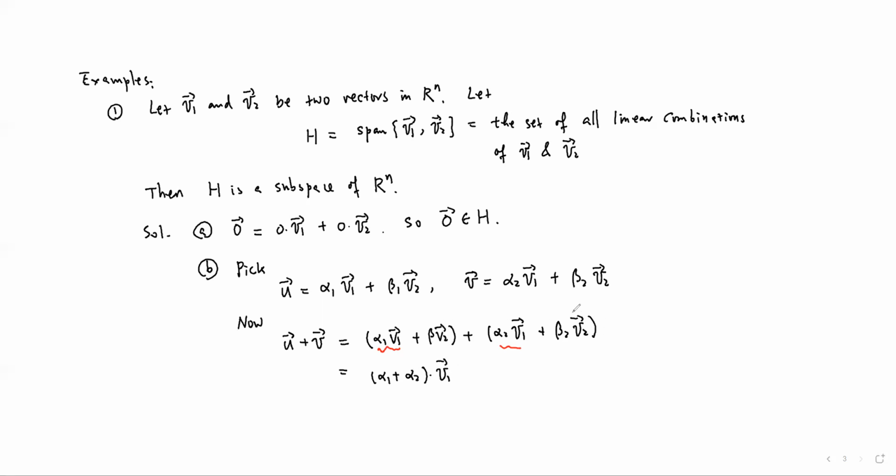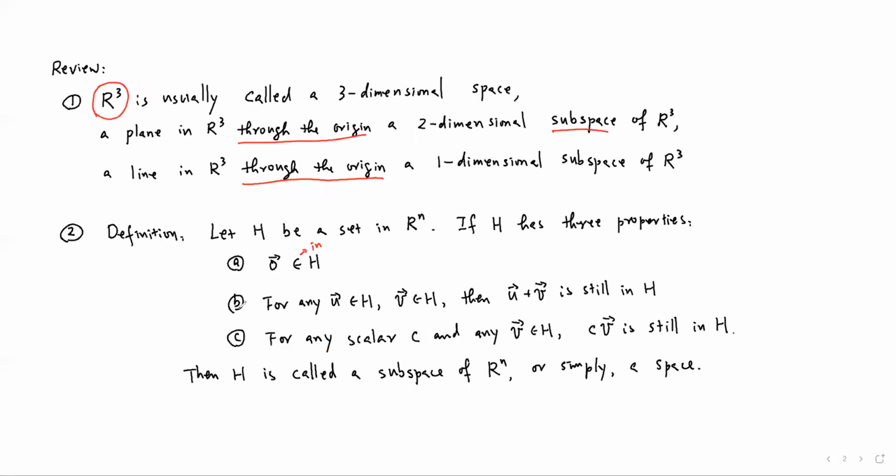Combine this term and this term. Then I get beta 1 plus beta 2 times V2. See? This is a linear combination of V1 and V2, right? Scalar plus scalar, still a scalar. So this is still inside H. Therefore, the second property in the definition is satisfied.